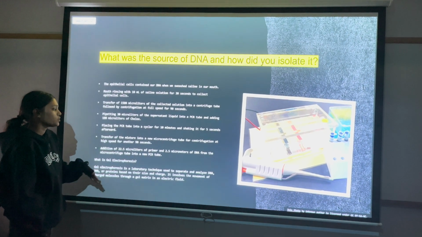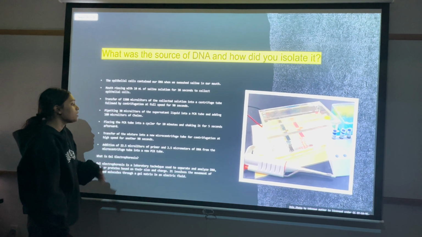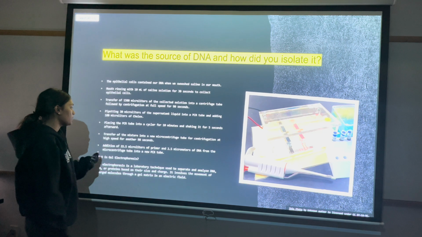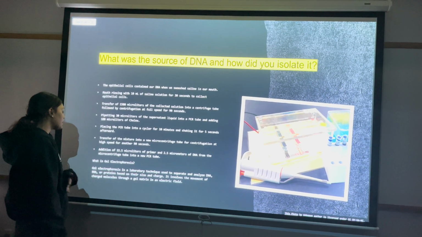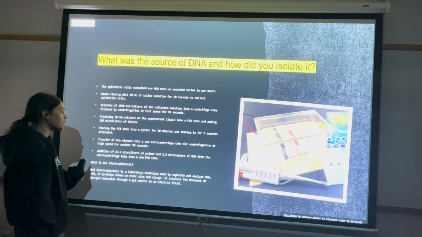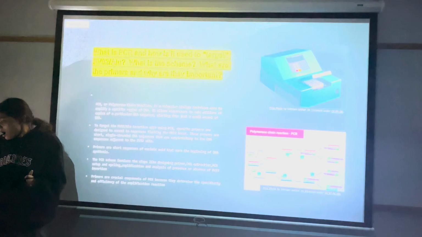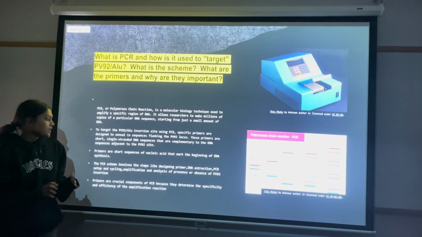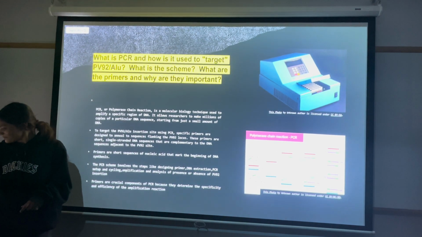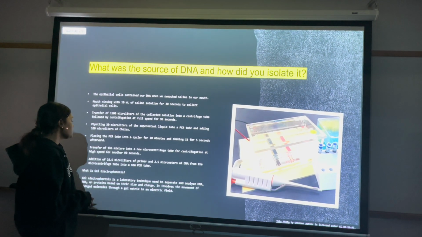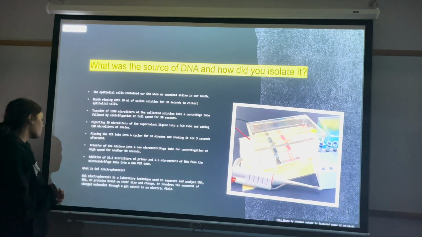Then we transferred the mixture into a new microcentrifuge tube for centrifugation at high speed for another 90 seconds, and then added 22.5 microliters of primer and 2.5 microliters of DNA from the microcentrifuge tube into a new PCR tube.